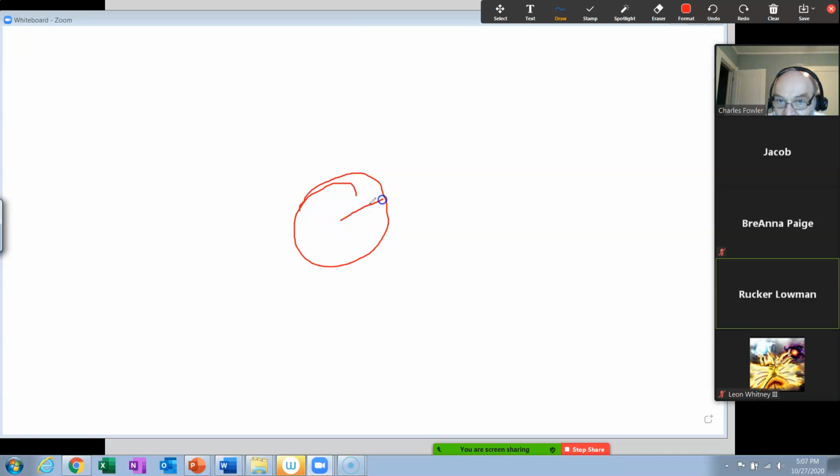So the distance from the center of the Earth to the surface of the Earth is 6,400 kilometers. This radius here is 6,400 kilometers.